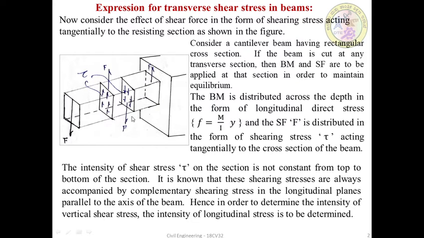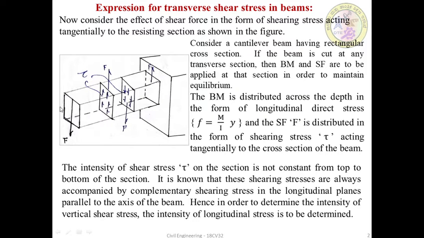So now we consider the effect of shear force in the form of shearing stresses acting tangentially to the resisting section, as shown in this figure. Here the force is acting tangential to the cross section of the beam.